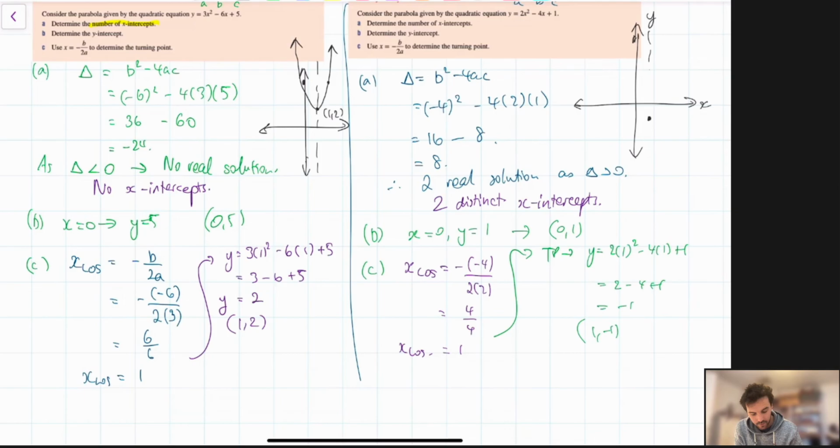Line of symmetry is at x is equal to 1. 0, 1, and then the other side, that's our y-intercept we've just put in. We don't have the x-intercepts and all, but that's enough to sketch us this graph. And we can see there are indeed 2 real solutions, or 2 x-intercepts. So we can see that through checking our answer, we have got it correct.